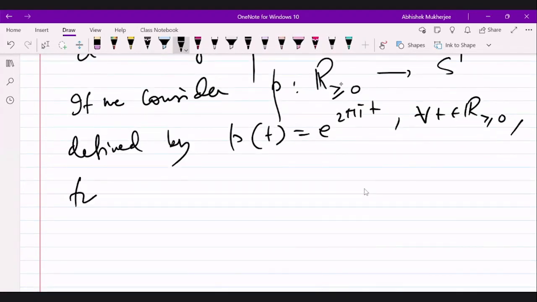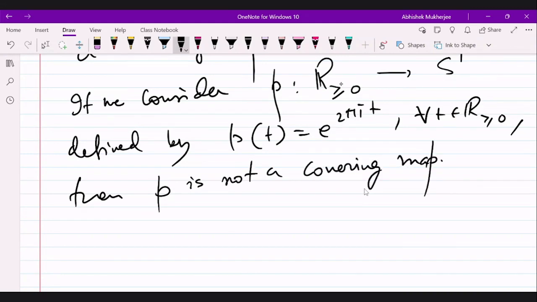Then you need to check that this is not a covering map.